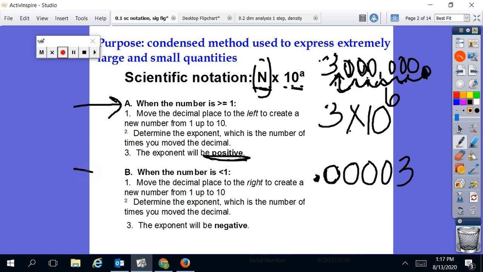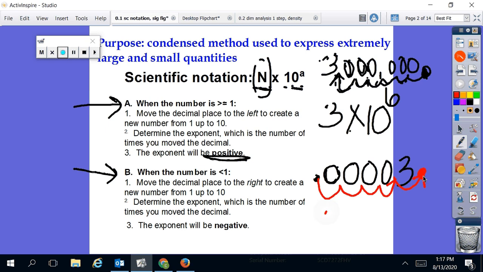In this case, if the number is less than 1, we're going to take this decimal and move it to the right. Oops, one more. We want to create a number between 1 and 10.